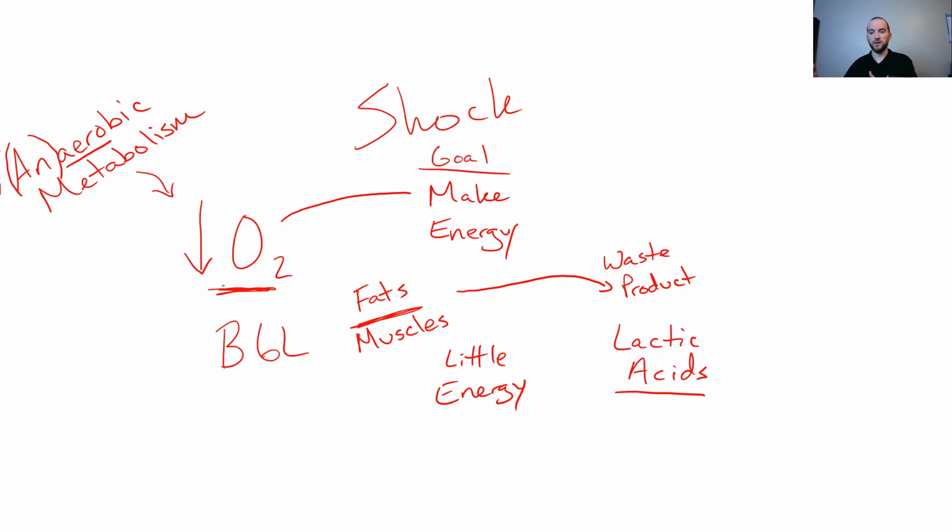It takes a little bit more work to get rid of them. But again, we're still alive. Those cells are still making energy. Again, just not as much. Once we slide over to anaerobic, we're only making a little bit of energy compared to the lot of energy that we were making when we had plenty of oxygen.